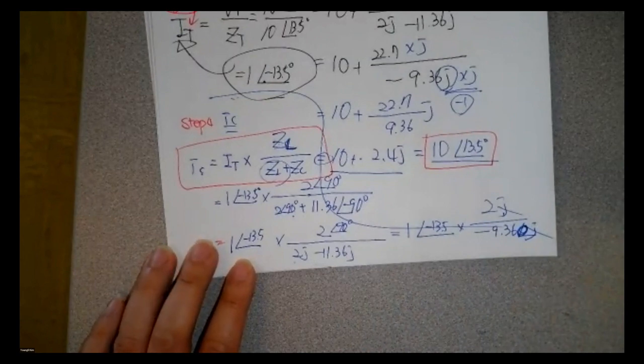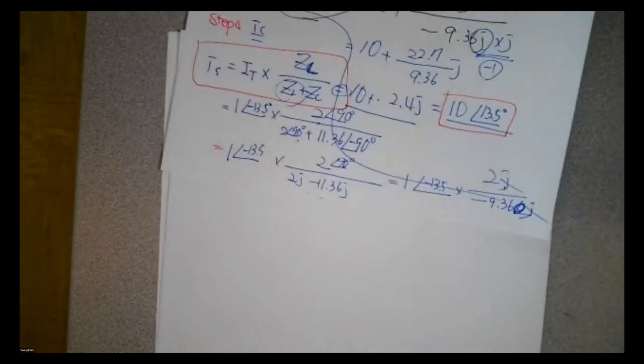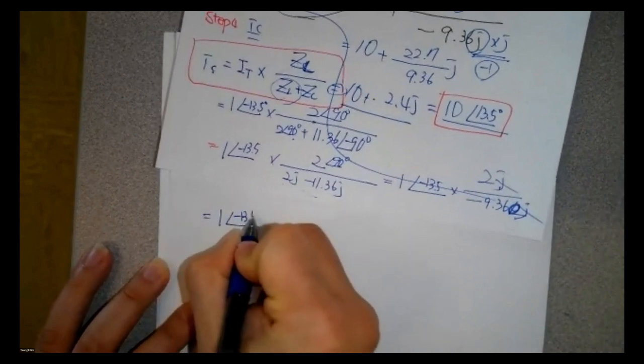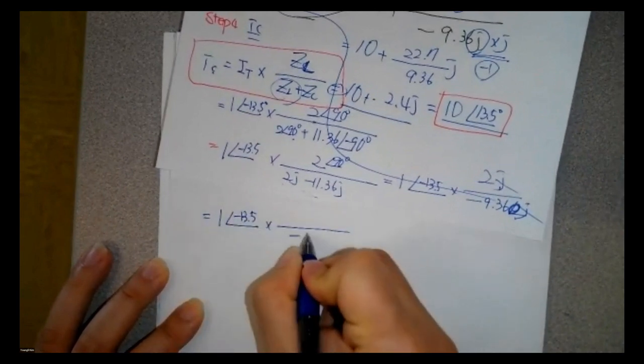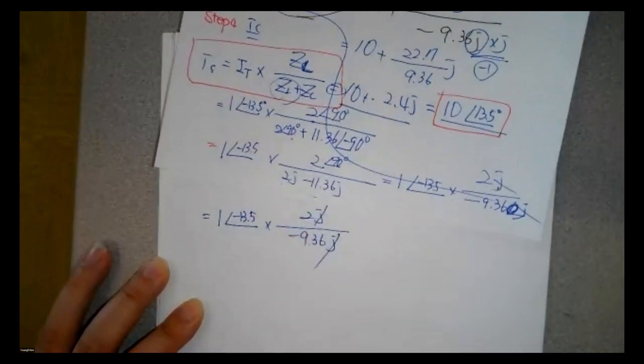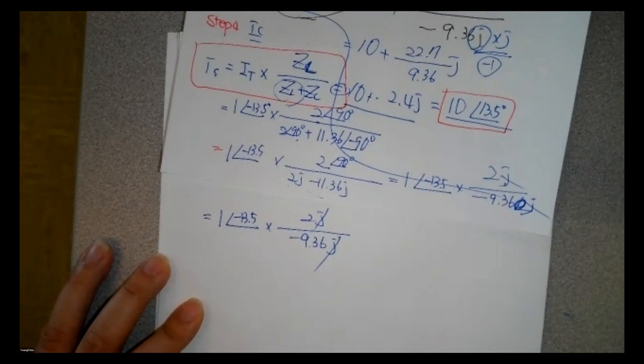So 1 at minus 13.5 multiply minus 9.36 j, 2j, remove this one, and 2 divided by 9.36, 0.